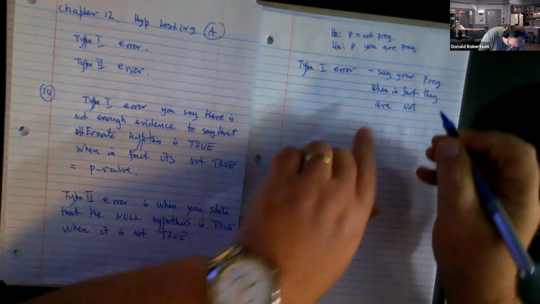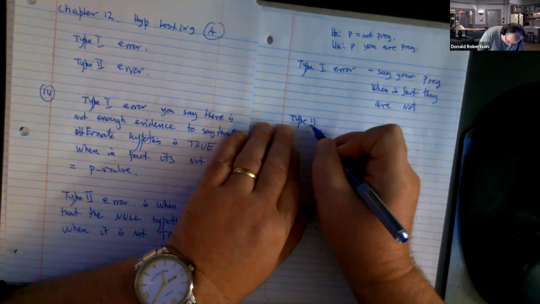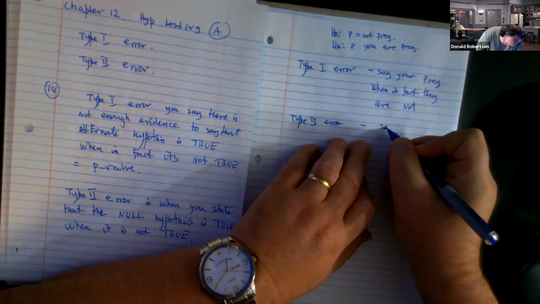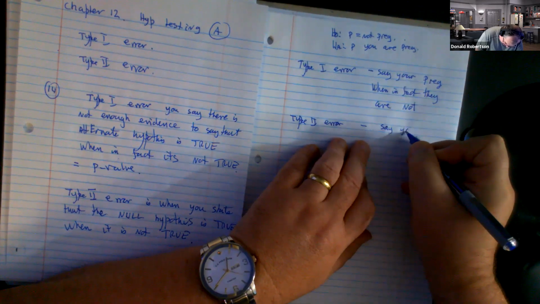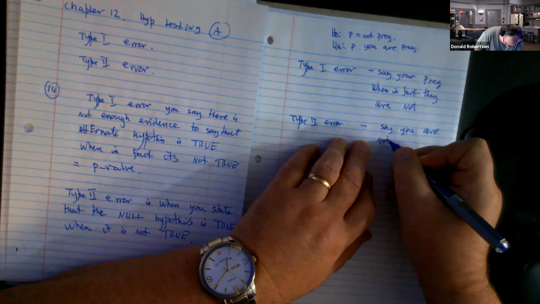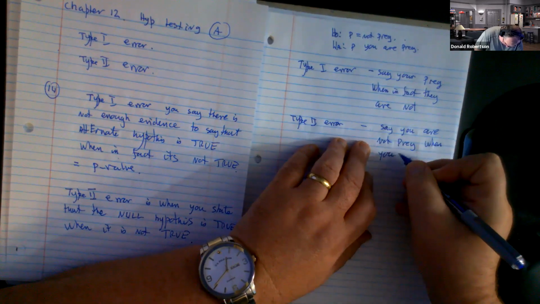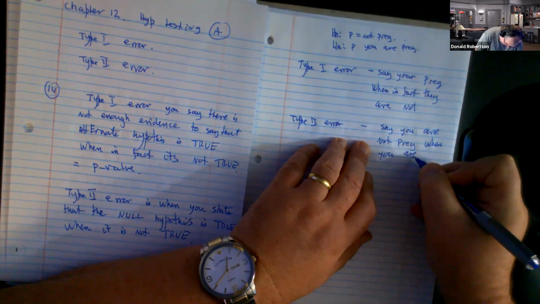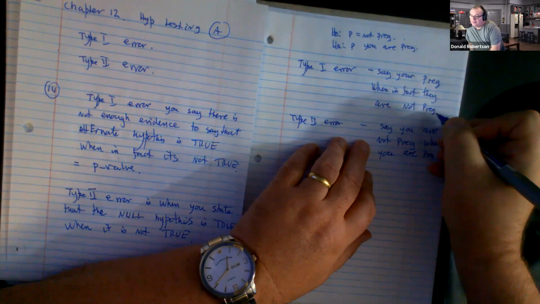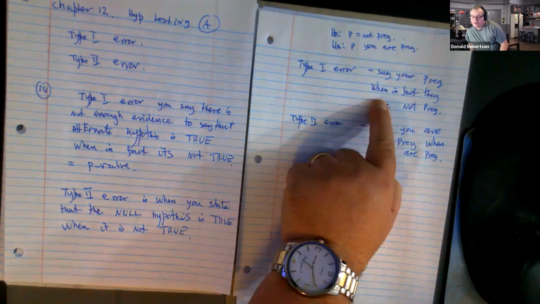And a type 2 error would be you say you are not pregnant when you are pregnant. Would you agree that they are the 2 errors? Right. And the type 1 error is this fella, and the type 2 error is that.